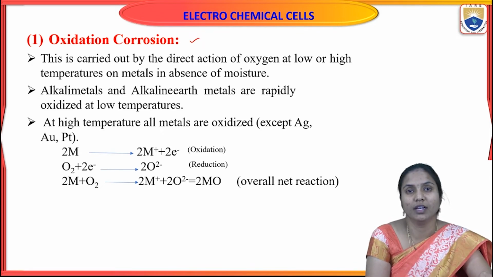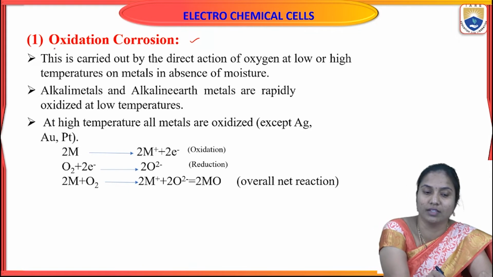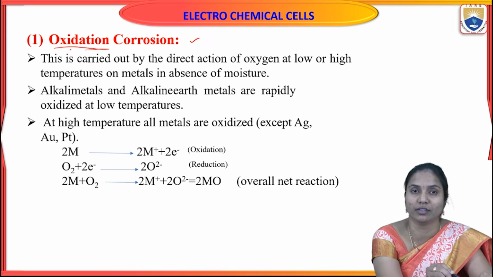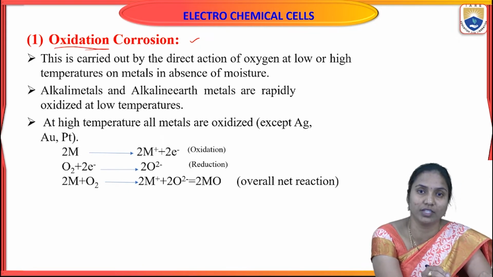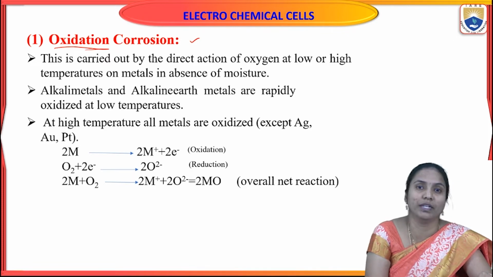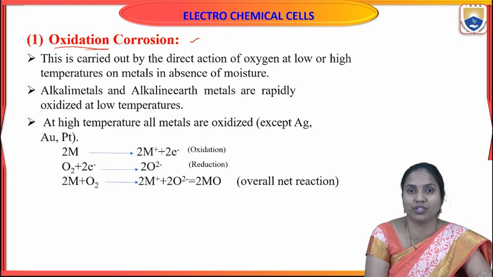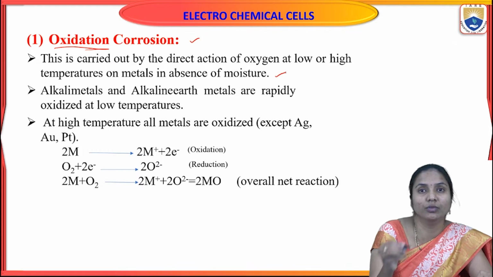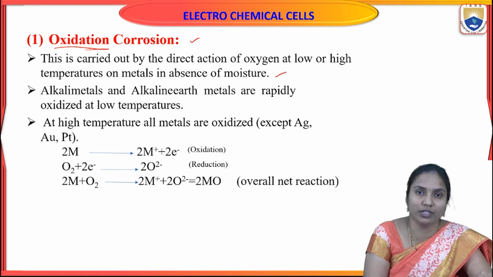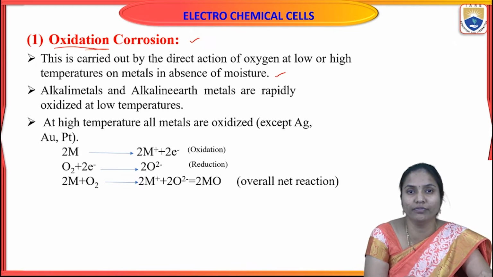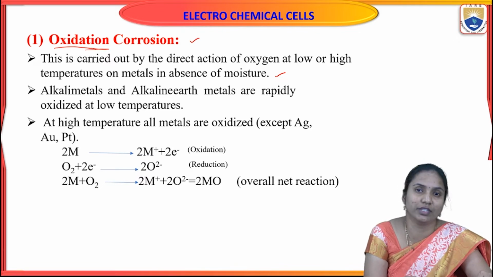Oxidation corrosion means direct chemical action of oxygen on the metal surface at low or high temperature, usually in absence of moisture. Temperature range is important here.